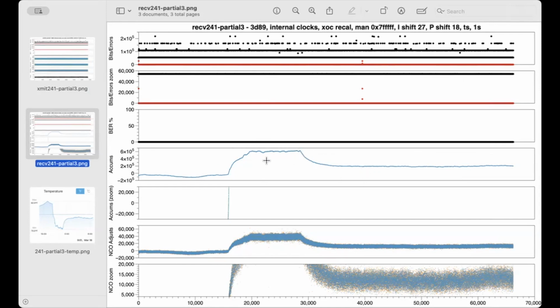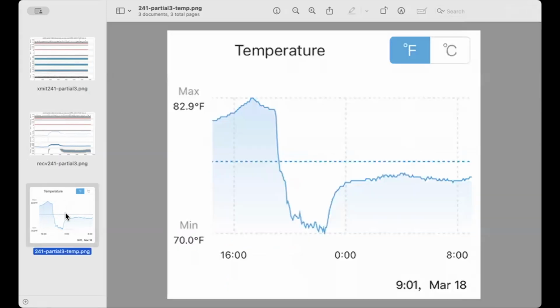And this is highly correlated with the temperature in the room. This is the temperature in the room during the test, according to an inexpensive little logging interior thermometer. You can see that it was getting hot in the room, got some sun load in the afternoon, plus all the equipment warming up the room. And then as it got on towards sunset, it started to drift down.